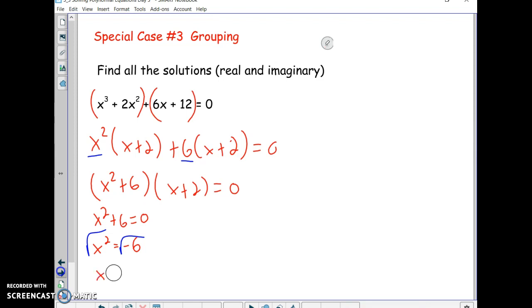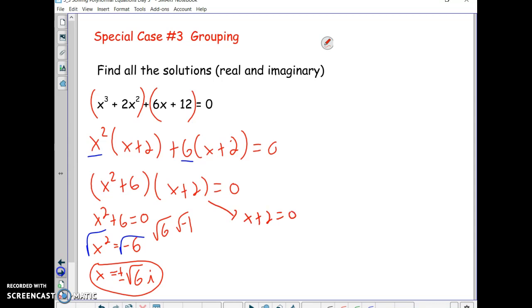So our answers are going to be square root of 6 plus or minus with an i. Right, so if we break that apart, root 6 and root negative 1, we get square root of 6 with an i. Okay, our other factor, x plus 2 equals 0, just minus 2 from both sides, and we get another answer. So we have 3 total, these first 2, and then negative 2.